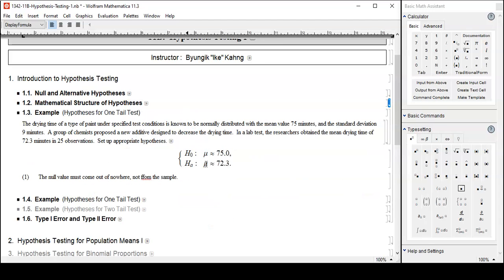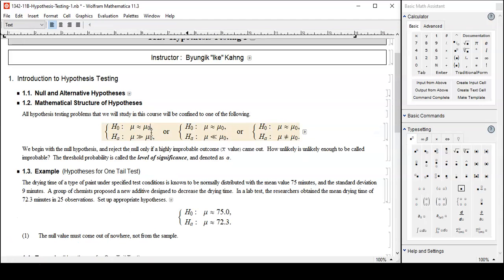The alternative hypothesis does not say mu is equal to some alternative value. No, it doesn't work like that. The same null value has to be repeated. You see? mu0 here, mu0 there. They should be repeated.